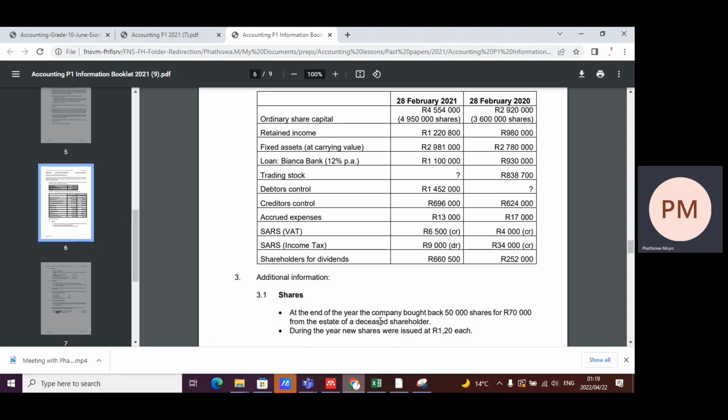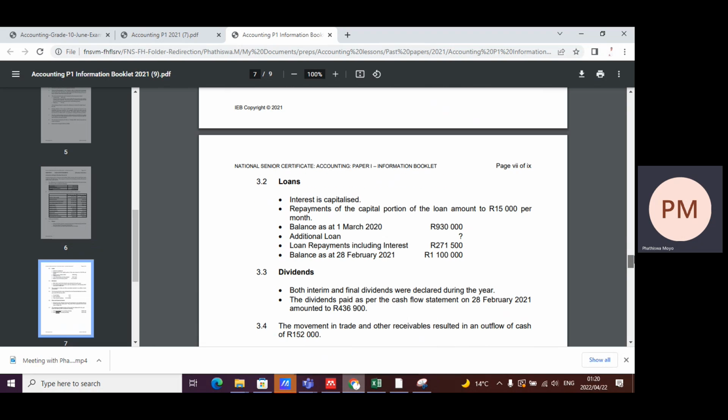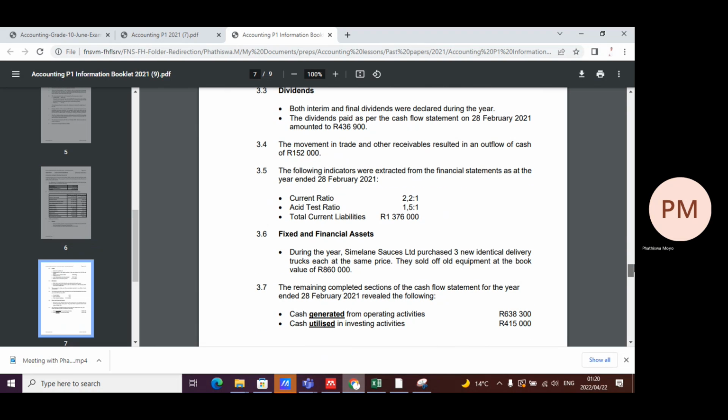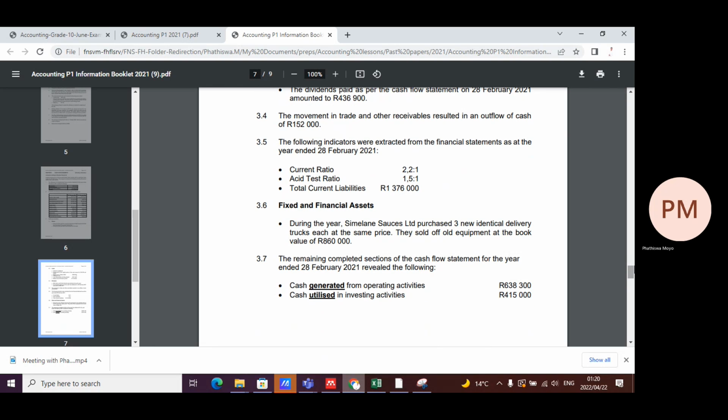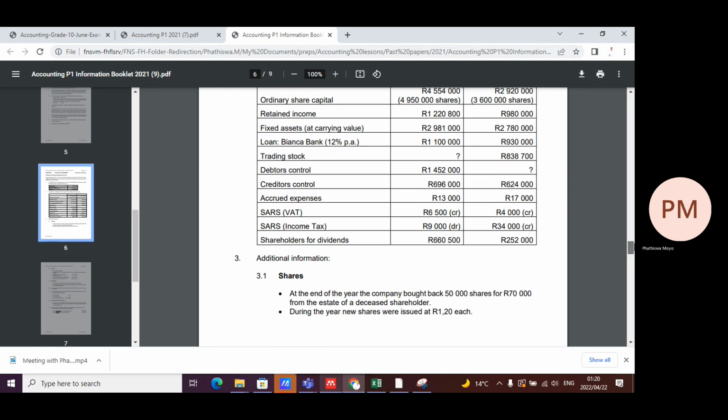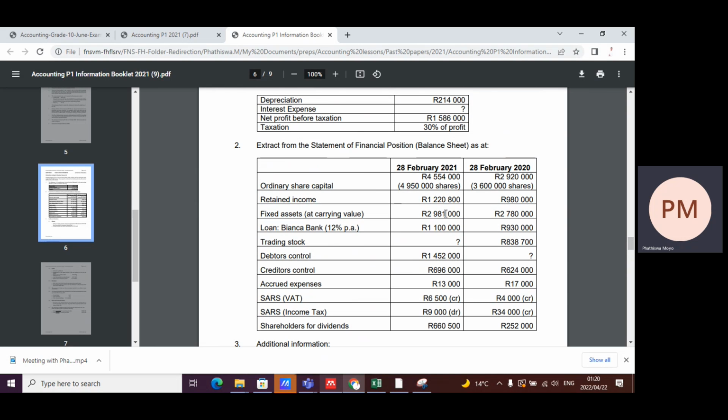Now we're working backwards. In the fixed asset note, they sold equipment at a book value of 860. So the balance we have at the end, which is 2981, is already less than 860.